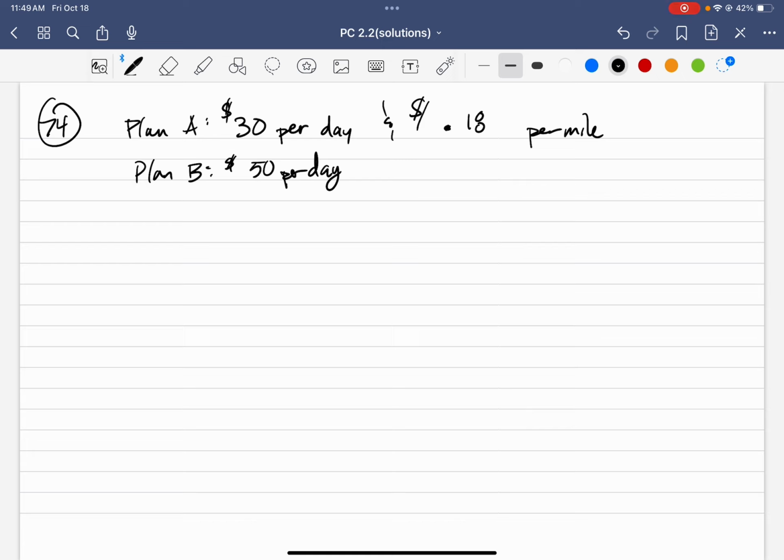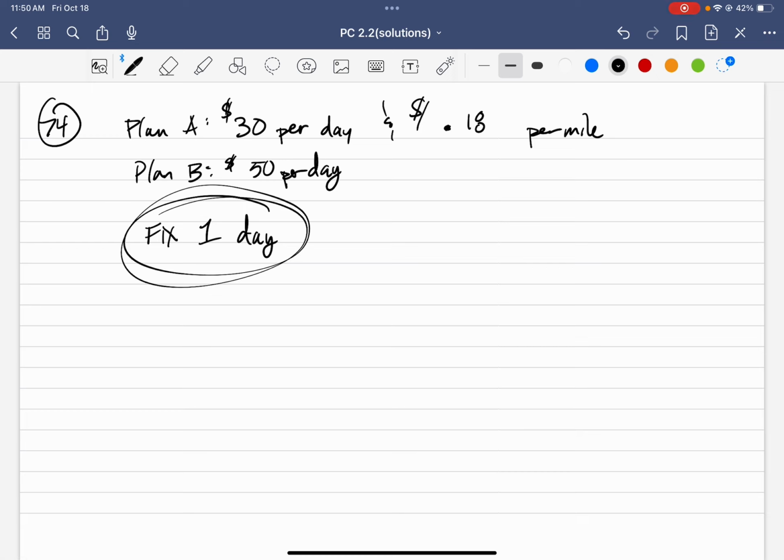So if we're talking about the cost, it wants to know how many miles do you have to drive for plan B to save you money. I think since it's only talking about miles changing, we want to fix 1 day. So we're going to just talk about 1 day.